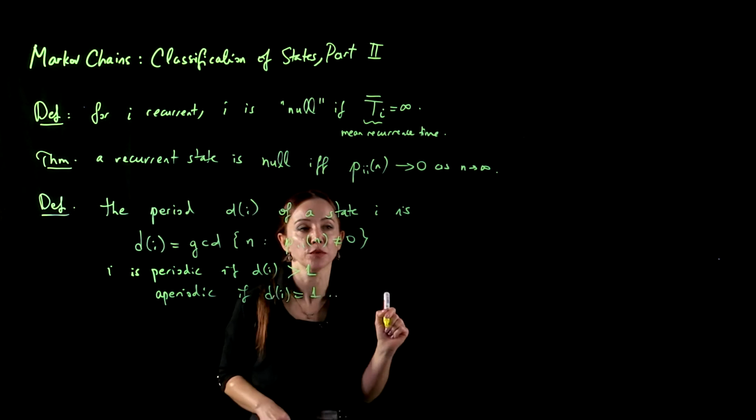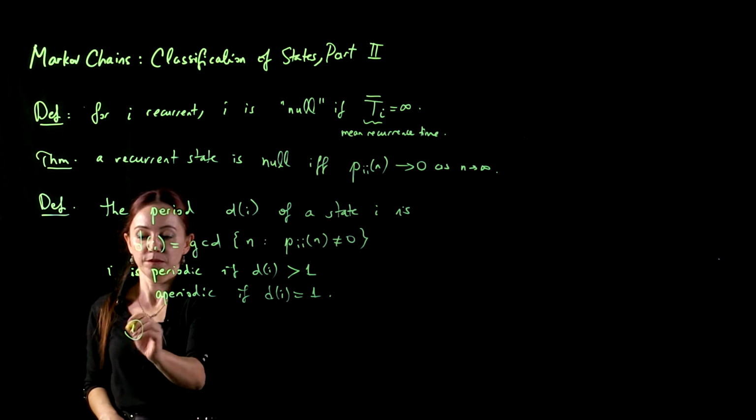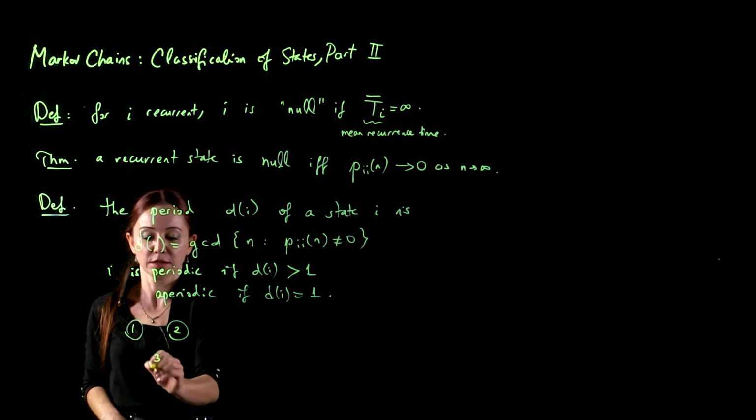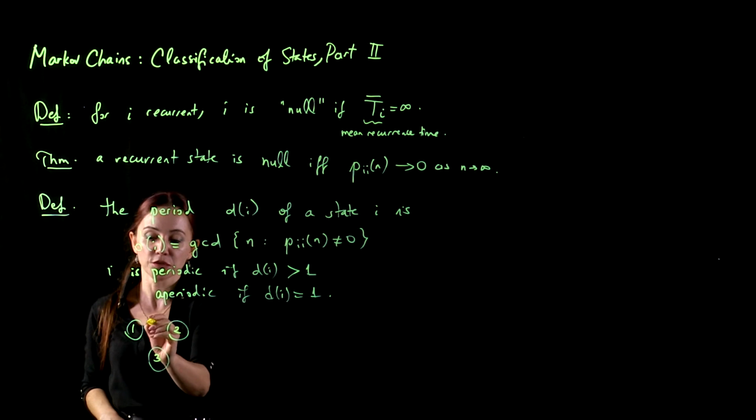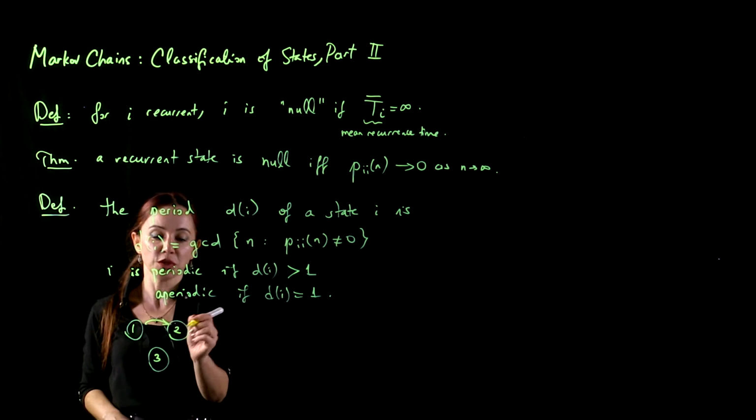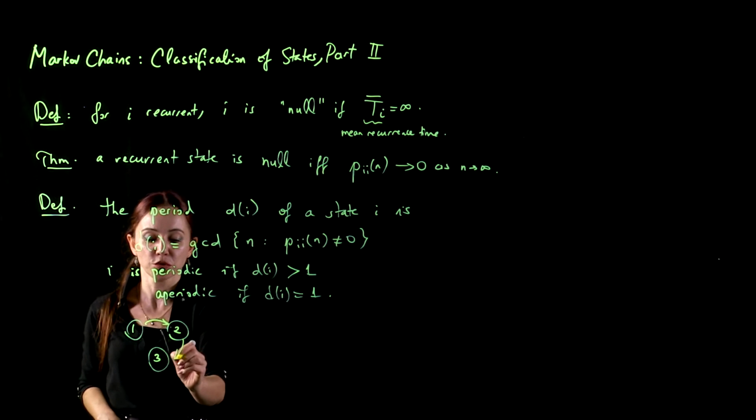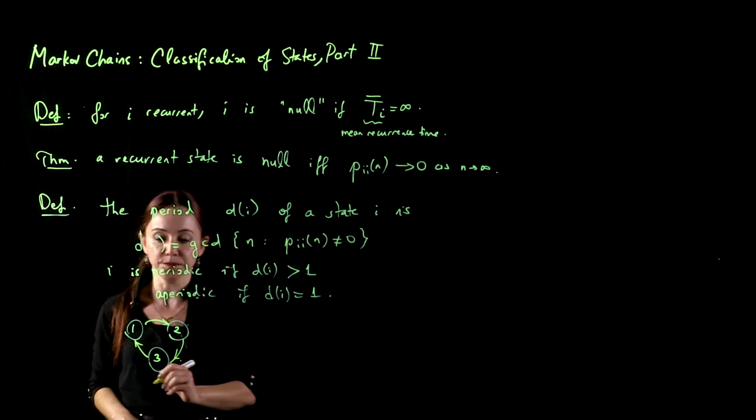Let's give some examples. Take this three-state Markov chain, where each transition out of state 1 goes to state 2, each transition out of state 2 goes to state 3, and each transition from 3 goes to 1.